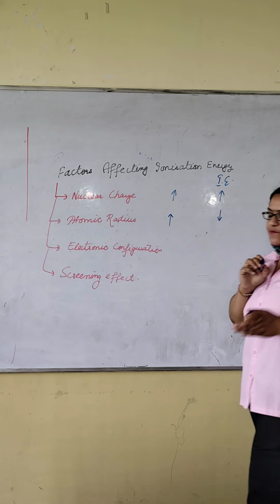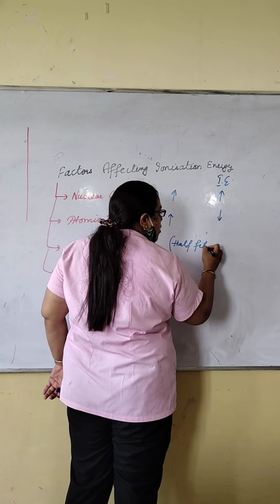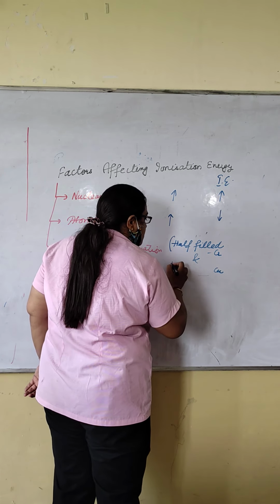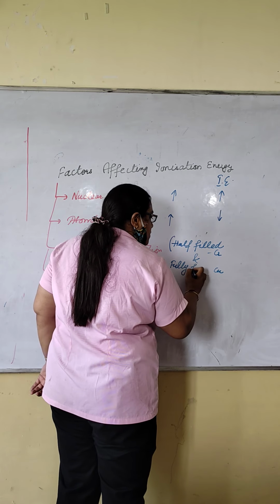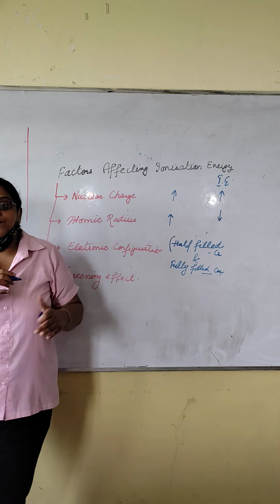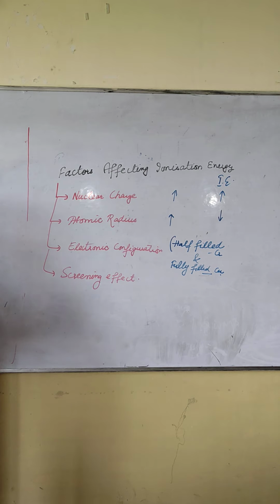Now electronic configuration. See, you remember the case of half-filled and fully filled configuration? In case of chromium and copper, these configurations are stable. If something is more stable in nature and we want to break it, then more energy is required. Like this is your lecture stand, it is solid.